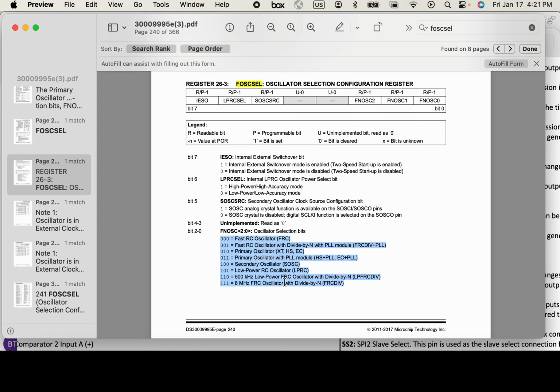For example, if these bits are 111, then that will set up an 8 megahertz oscillator with a divide-by-n postscaler where you choose the n value. You can see setting those bits to 110 gives you a 500 kilohertz oscillator, and so on and so forth.